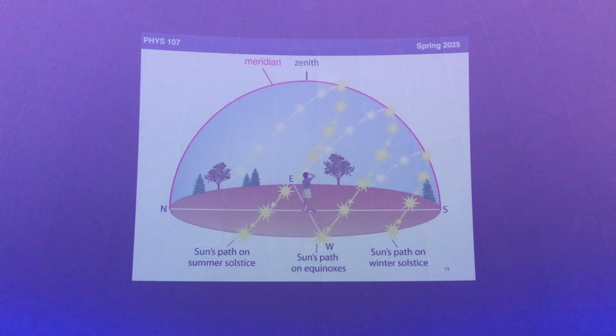That's the highest point as things rise and set in the sky, the point where they hit the overhead. If it's directly over our heads, that's called zenith. And if something goes through zenith, it's directly overhead.